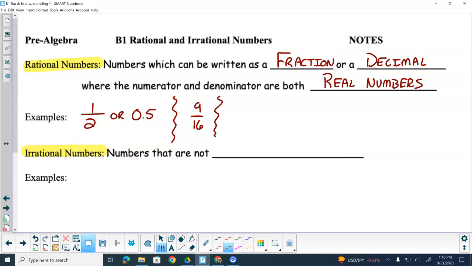What about 5? Actually, what about -5? Is -5 a rational number? Okay, before we go to -5, let's talk regular 5. Is 5 rational?